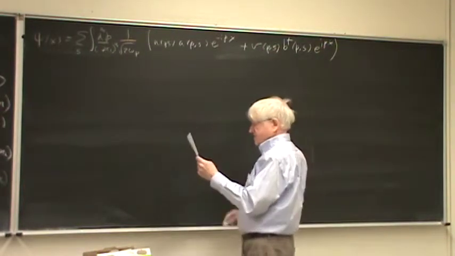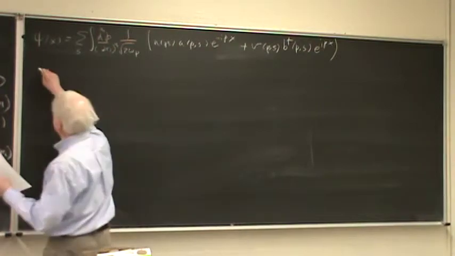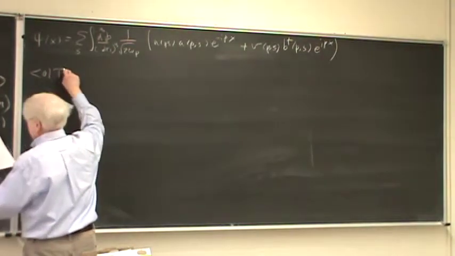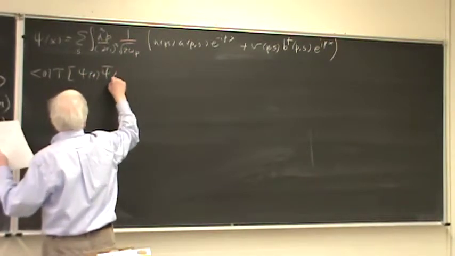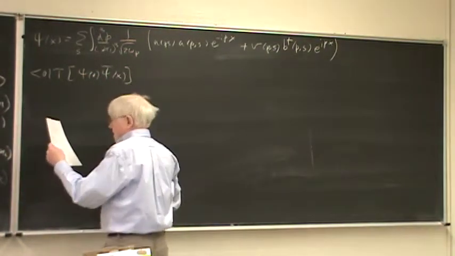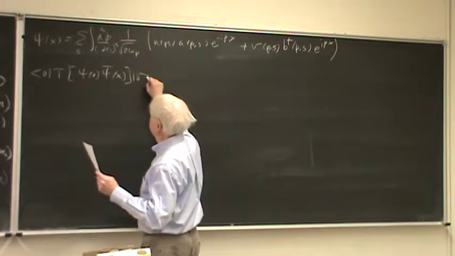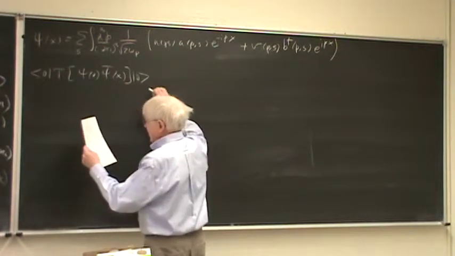So that's the field, and then Feynman's propagator is the time-ordered product. To make the notation simpler, I'll follow Schwartz and use 0 and x.